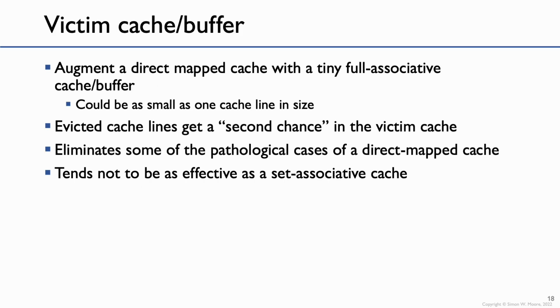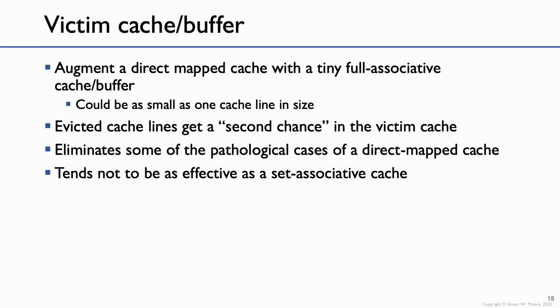Another trick we can use is to add a mechanism called a victim buffer or victim cache. Here what we're going to do is augment a direct mapped cache with a tiny fully associative cache or buffer. I guess you could also do this with a set associative cache, but there's usually enough associativity in the set associative cache that you don't need to bother. So this is really aimed at direct mapped caches, where you want to add just a little bit of associativity.